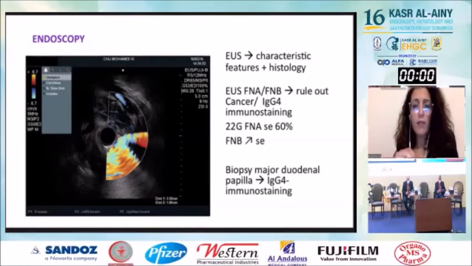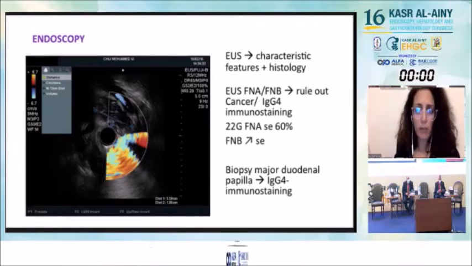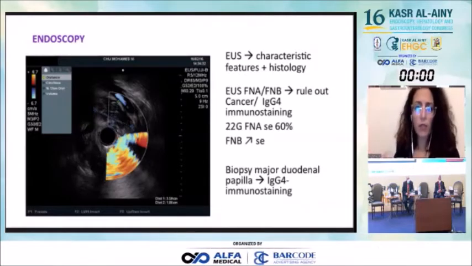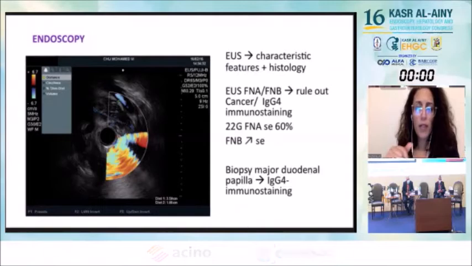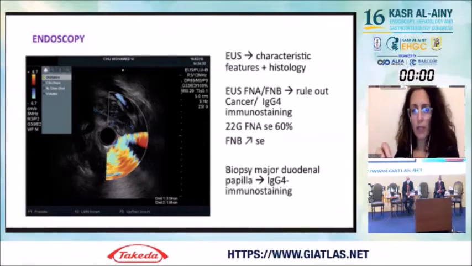They have shown that the new FNB needles, specifically the fork-type needles, have increased the sensitivity up to 70–75%, even 79% in some studies, compared to the 20 gauge bevel needles, but also to other FNA needles. So in this indication, it is advisable to use FNB needles to have as many samples as possible, specifically for IgG4 immunostaining, but also to rule out pancreatic cancer.